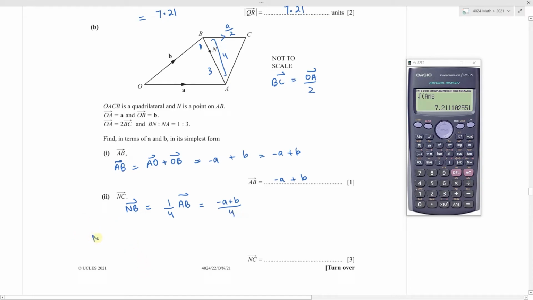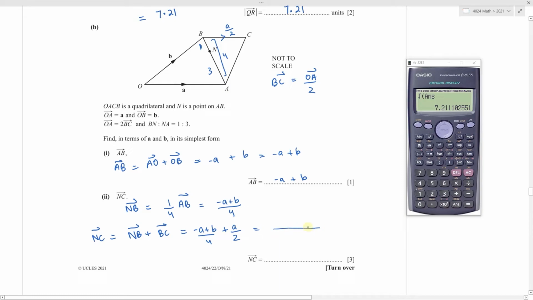So now NC will be NB plus BC. So NB is this, minus A plus B over 4, plus BC is A over 2. Let's take the LCM here.